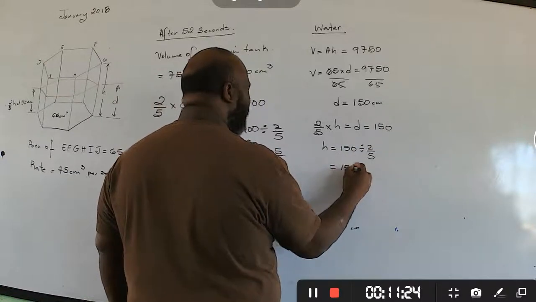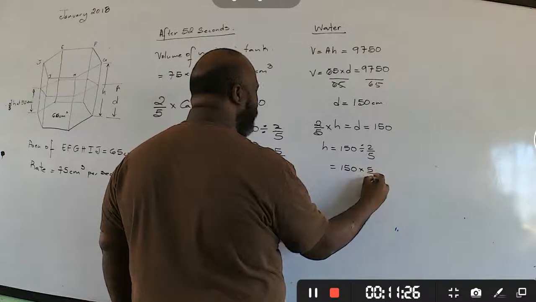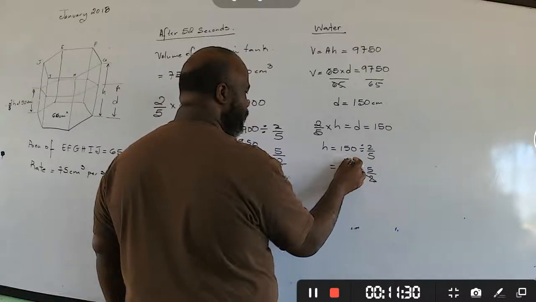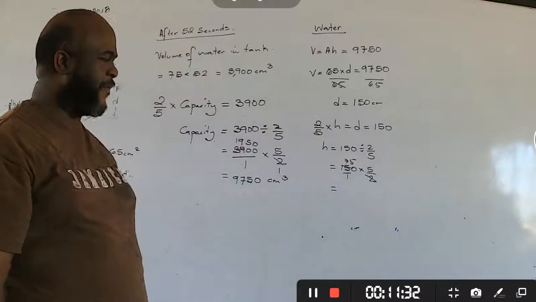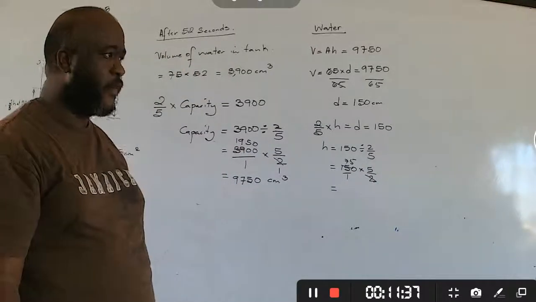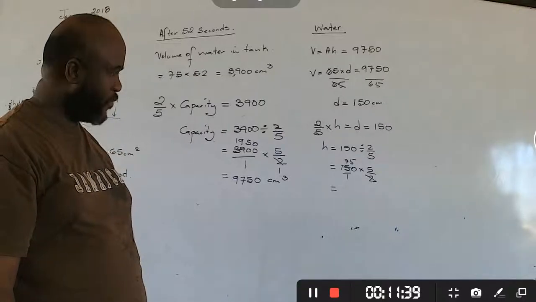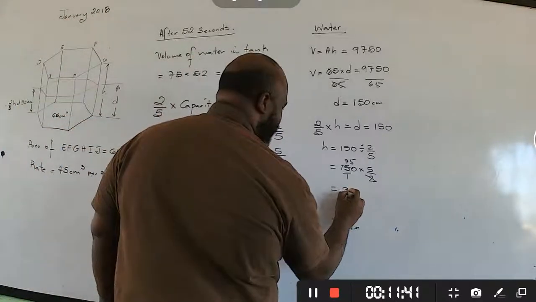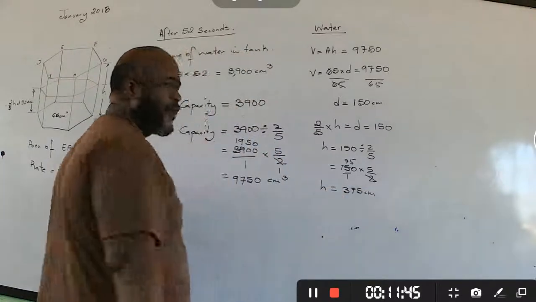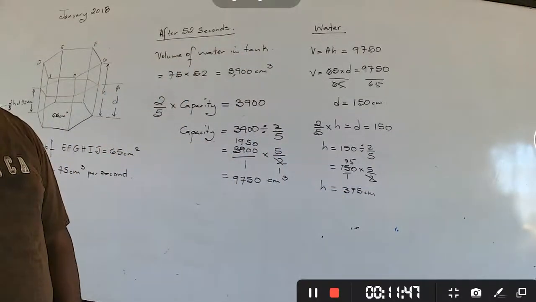This is 150 times 5/2. What is 75 times 5? How much is it? 375. 375 centimeters. That's the height of the container. Give it to me in meters.